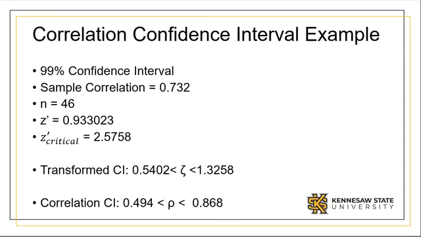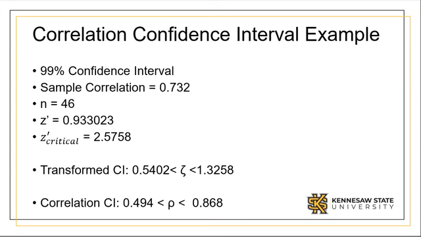For example, suppose we wish to find a 99% confidence interval about a sample correlation of 0.732, given 46 pairs of data. Z prime will be 0.933023. Z critical prime will be 2.5758.